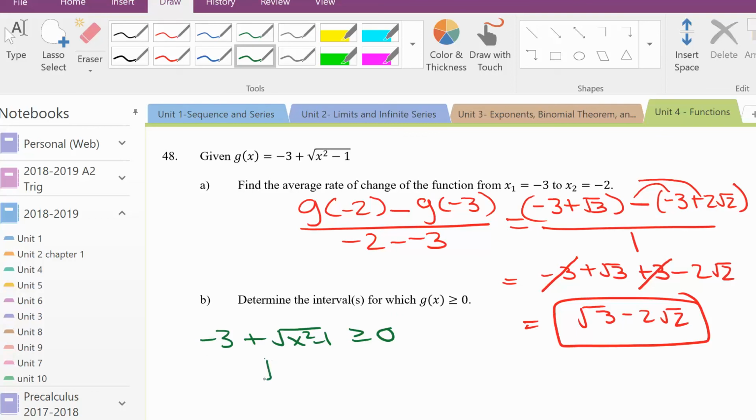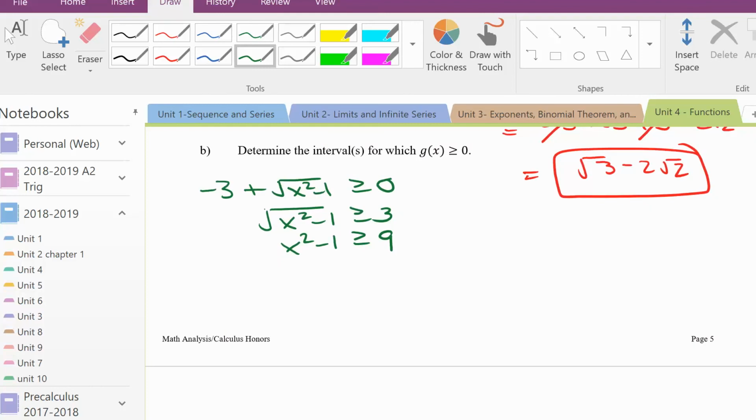Move the 3 over, so you get the square root of x squared minus 1 greater than or equal to 3, and then you square it. So then you get x squared minus 10. So then that means x squared minus 10 equals 0. So x squared is equal to 10. And then x is equal to plus or minus rad 10.